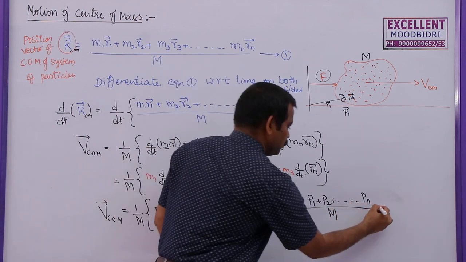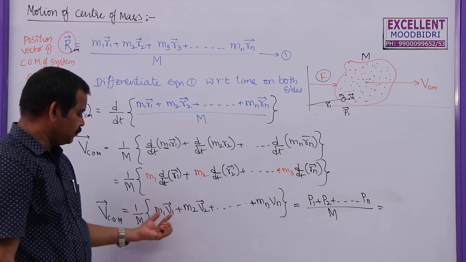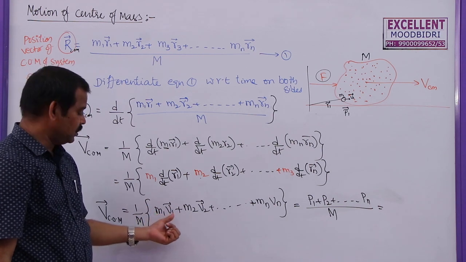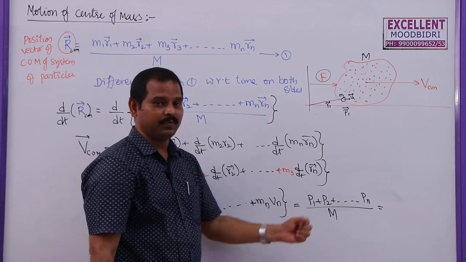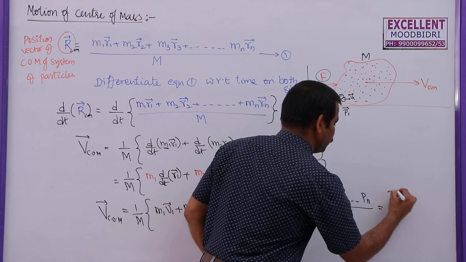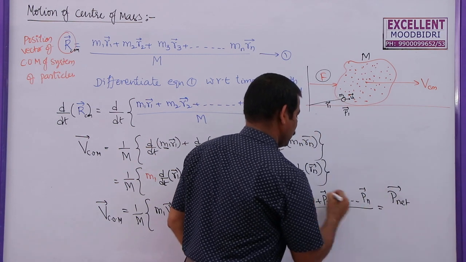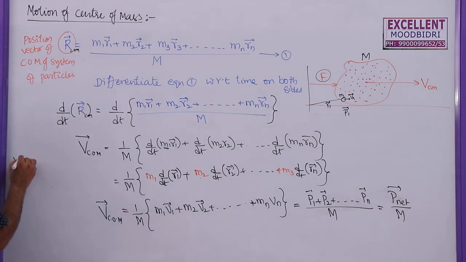Now, if you take the sum of all these values, that is the sum of the product of mass and velocity of each and every particle, you will get the momentum of each particle, and if you add all these you will get the net momentum of the system by m. So, this is the obvious equation we are going to write.